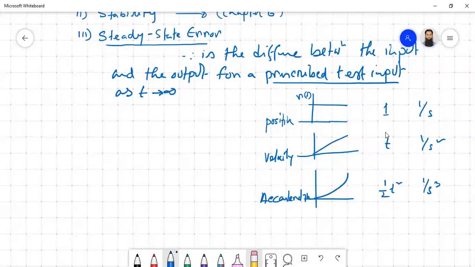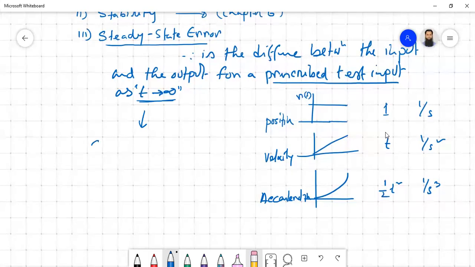But from a control system perspective, t tends to infinity means that the transient dies out. Once the transient response has vanished, what remains is called the steady state value. Then the difference between the input and the output is our steady state error.